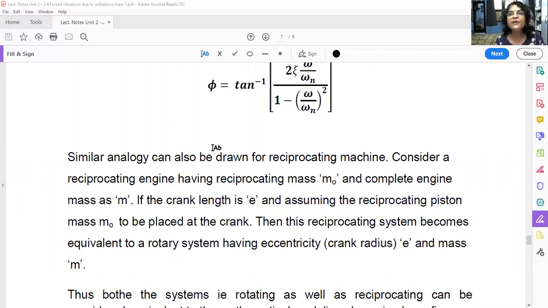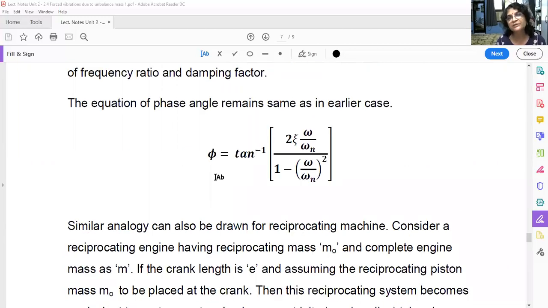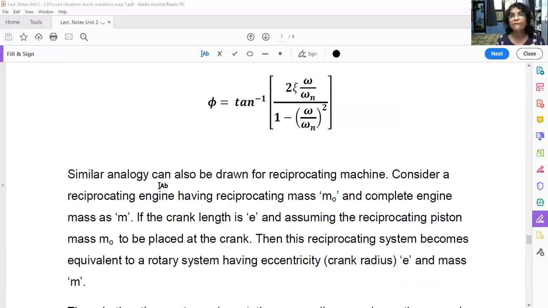Now see, whatever we have seen here, we have considered only a rotating machine, because the machinery was rotating. But now we have to study forced vibration due to unbalanced mass in a reciprocating machine. Till now we have studied forced vibration due to unbalanced mass present in the rotary system.